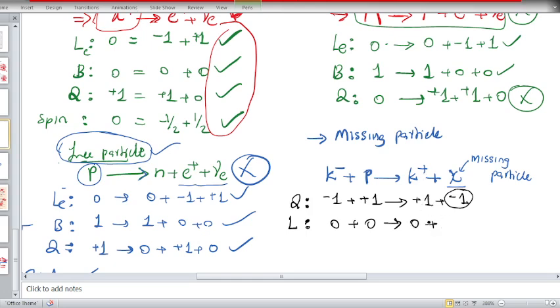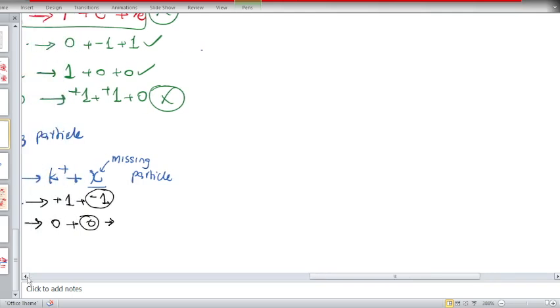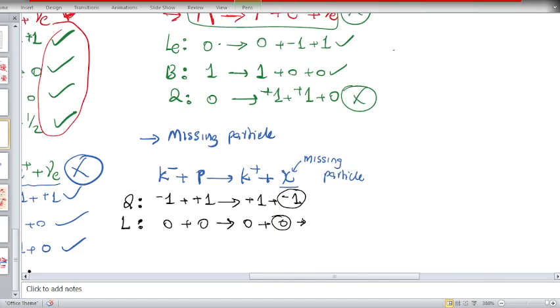So the missing particle should also have lepton number 0, which gives you the conclusion that the missing particle is not a lepton. Lepton number has to be 0 for the missing particle, then only lepton number will be conserved.